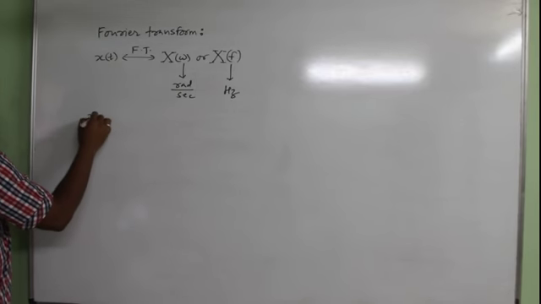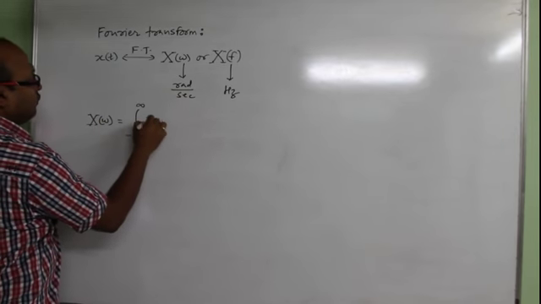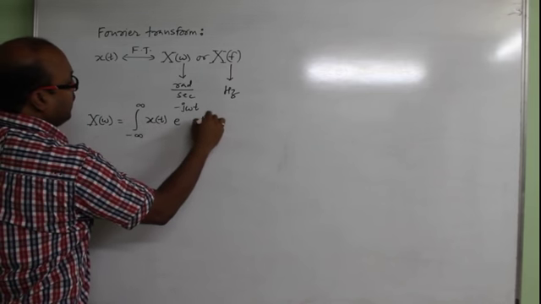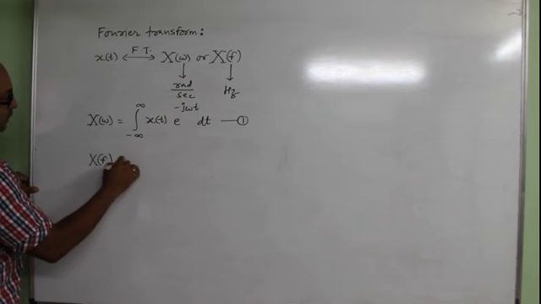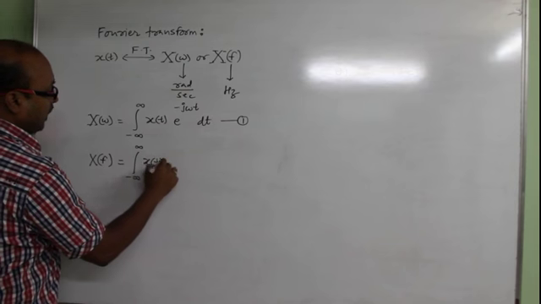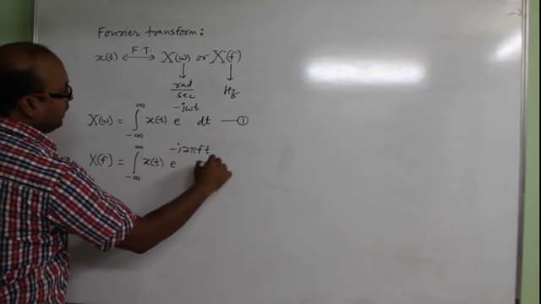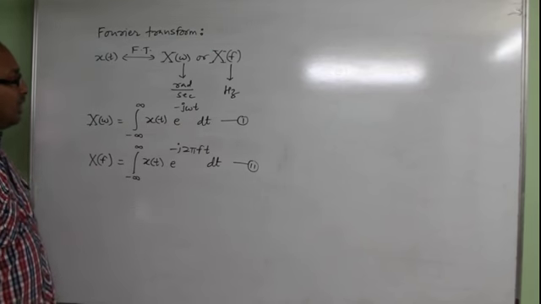Now X(omega) is given by the integration of x(t) e to the power minus j omega t dt, and for X(f) the formula is the integration of x(t) e to the power minus j 2 pi f t dt. Here omega is replaced by 2 pi f.